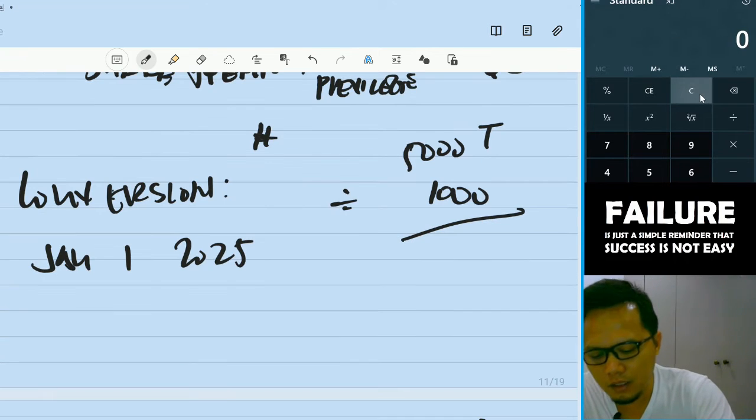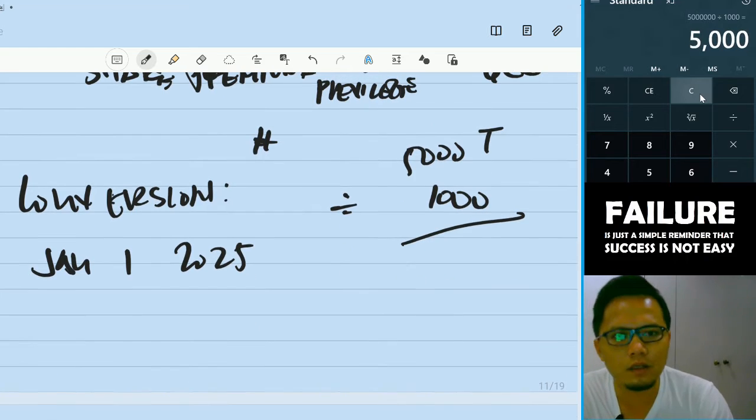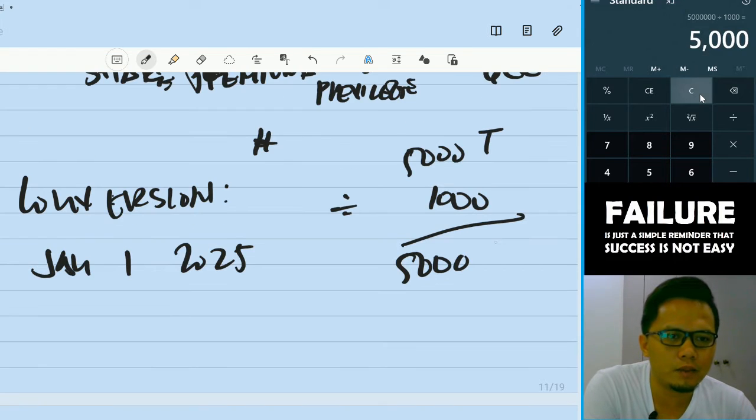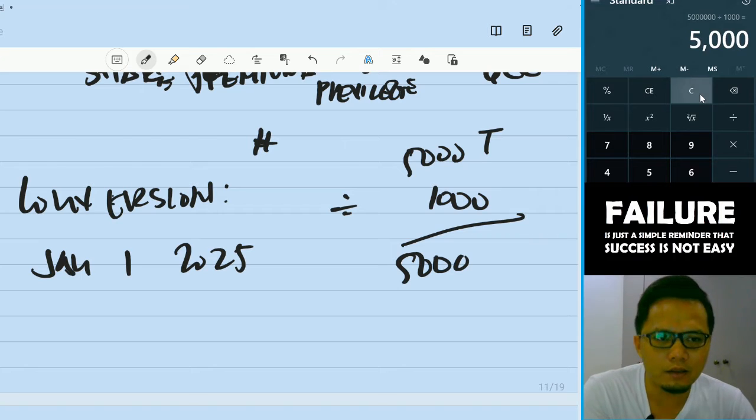We have 5 million divided by 1,000, which is 5,000 certificates or 5,000 bonds. 5,000, 1,000 peso bonds. Diba?